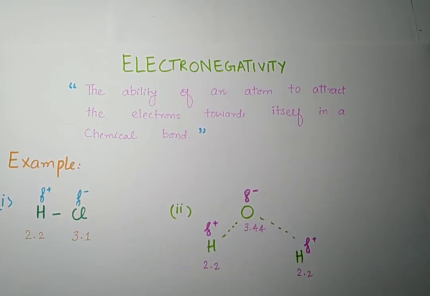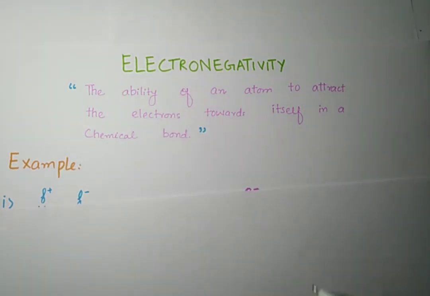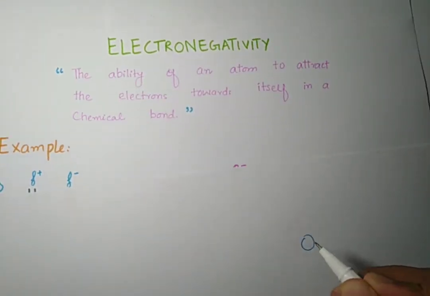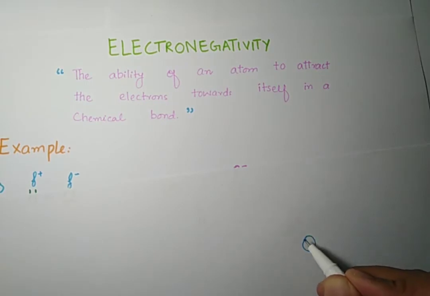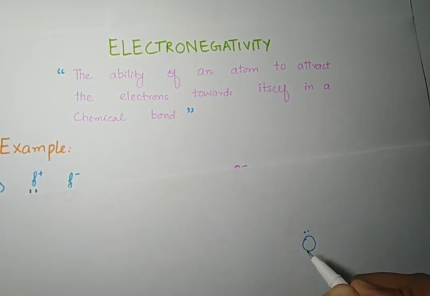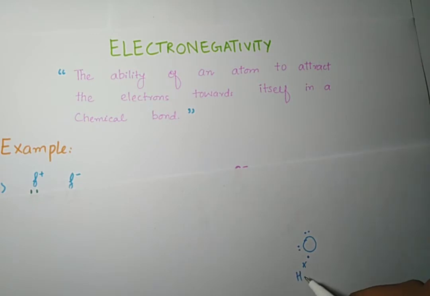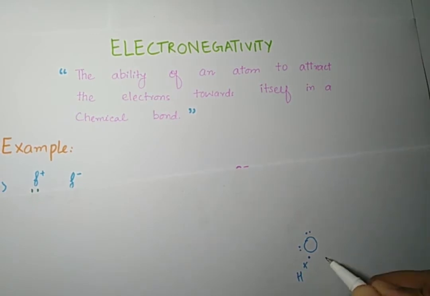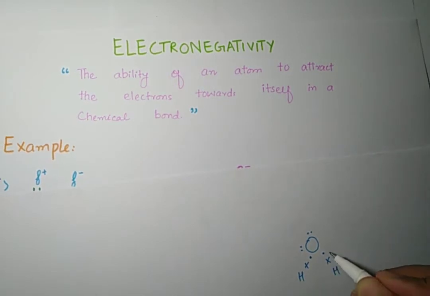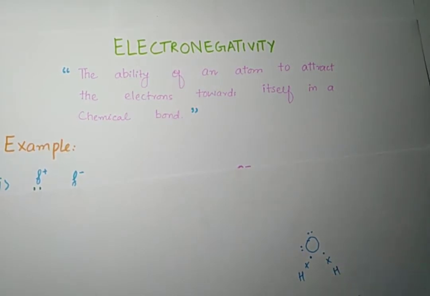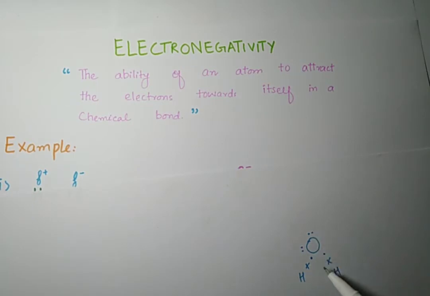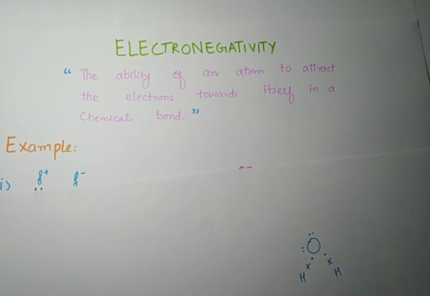Just like we know that oxygen has valence electrons 6, which means 2 here, and 1 here, which is actually bonded with that hydrogen, and this is the valence electron of hydrogen, and here 1 is bonded with the other hydrogen. So oxygen has 6 valence electrons, and hydrogen has only 1 electron in the valence shell.